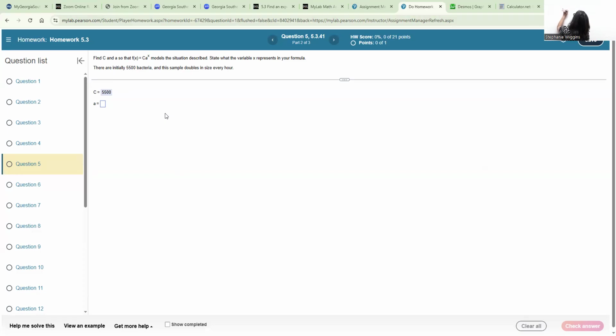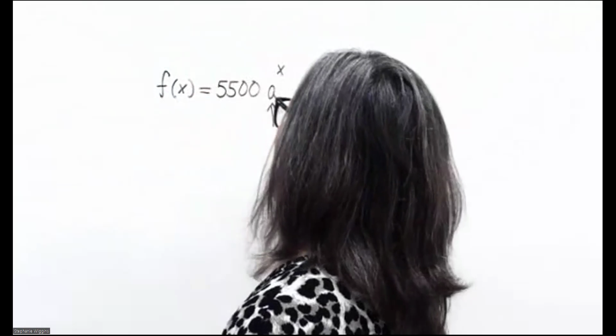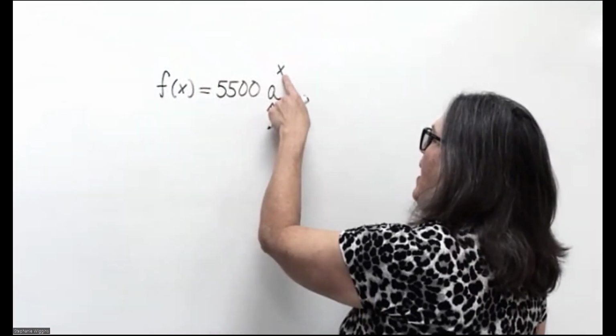So here we have f of x equals c a to the x, and we found c to be 5,500, that's the initial value, a to the x. Now we're trying to find a. Okay, and we are told that this doubles every hour.